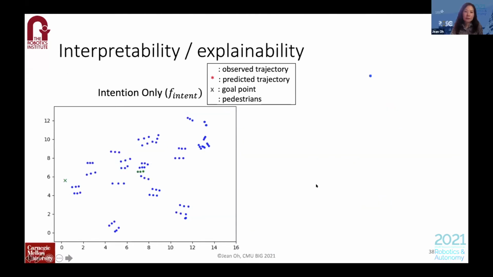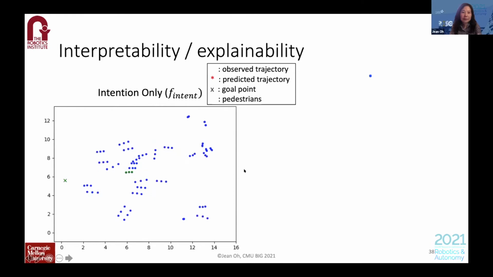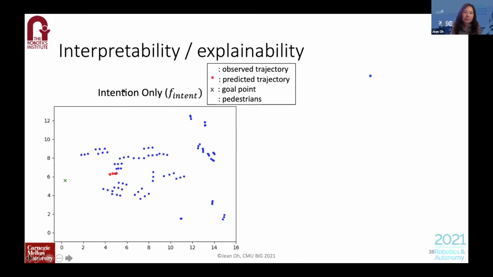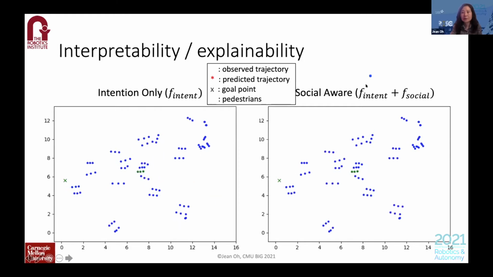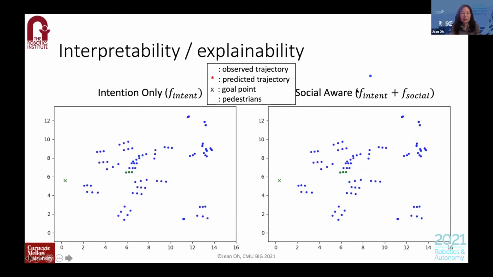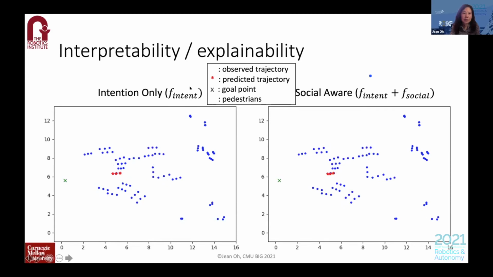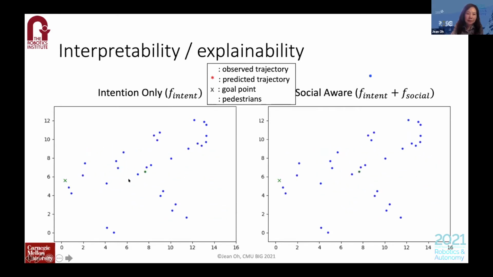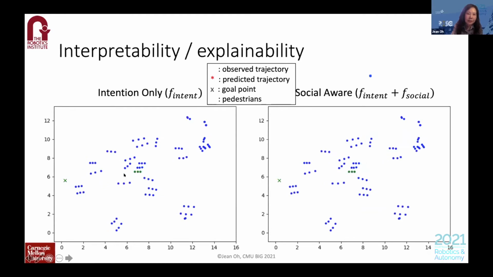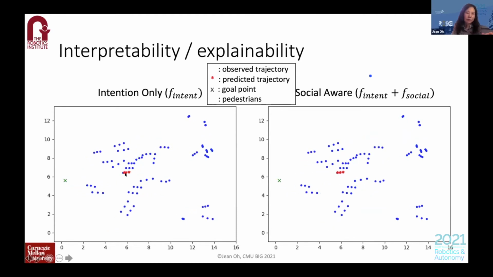Okay, so this is a qualitative example to show the difference between the intention-only model versus the socially aware model. In the first one, we dropped the social force term. Then here you can see this red part is the predicted behavior or the chosen actions.